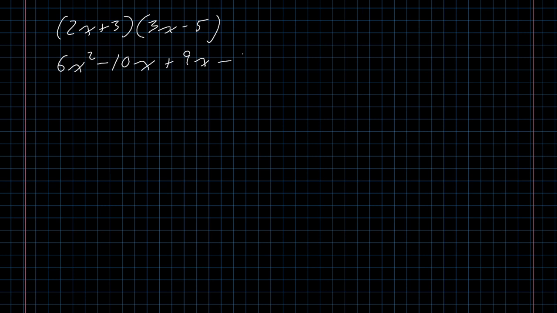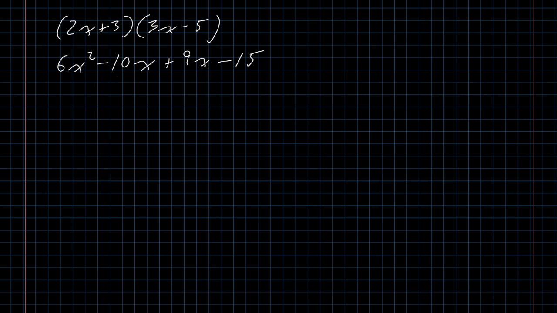So if I have something like 2x plus 3 times 3x minus 5, I can still use the distributive property. 2x times 3x is going to be 6x squared. 2x times minus 5 is going to be minus 10x. 3 times 3x is 9x, and 3 times minus 5 is minus 15.